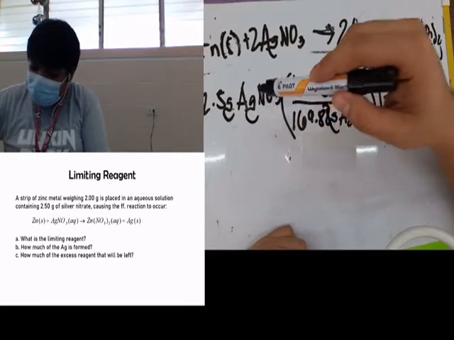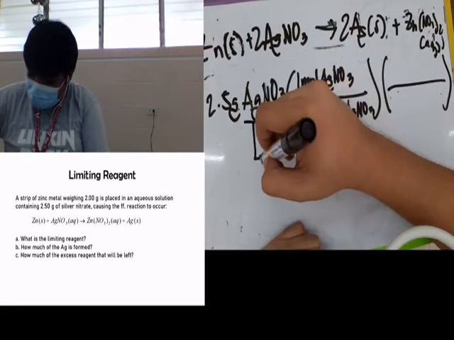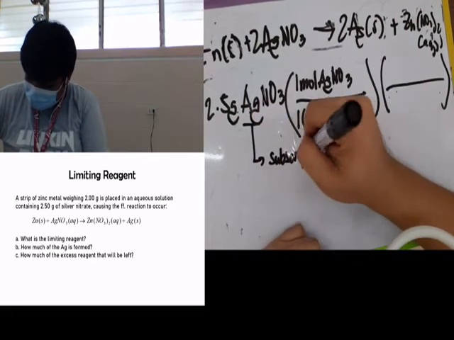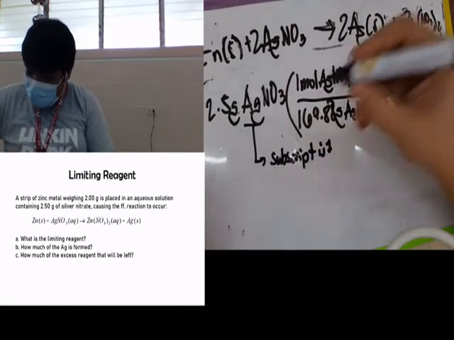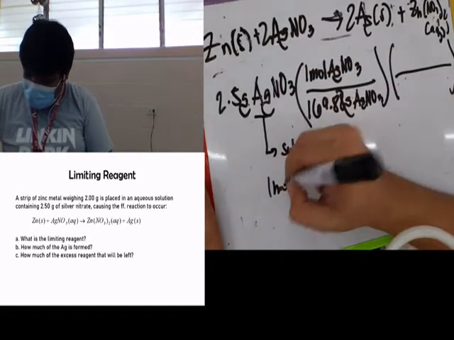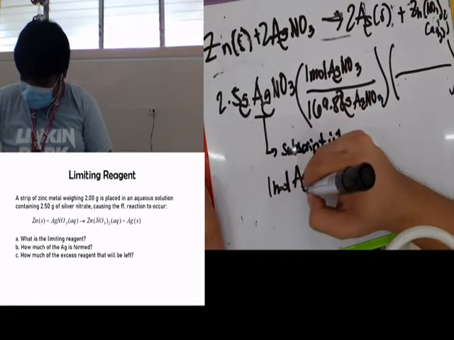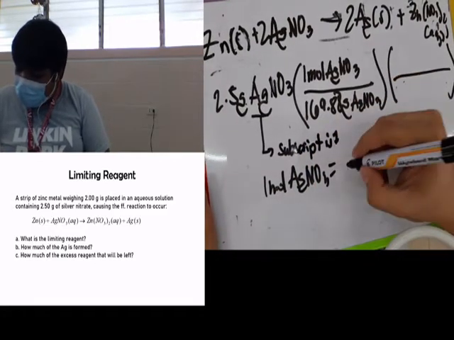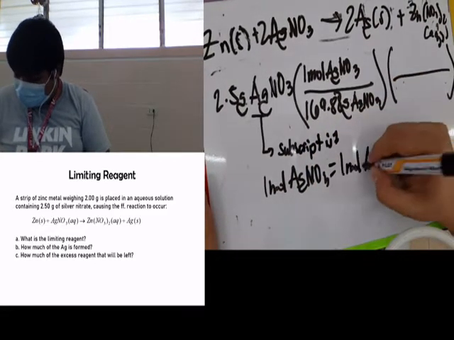Since we can see here that the subscript of silver is 1, that means for 1 mole of silver nitrate, you also have 1 mole of silver.